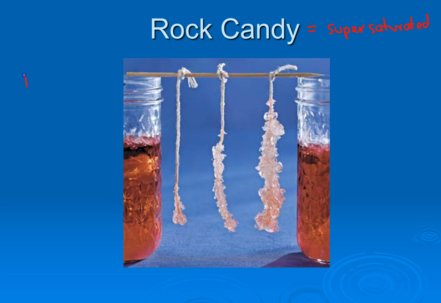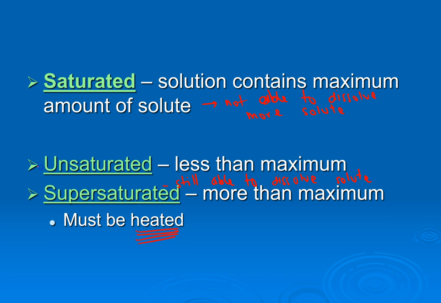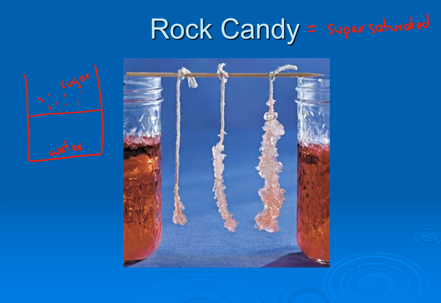So what's happening is you'll have a container of water, and you're going to add sugar in. Eventually, you're not going to be able to add more sugar in. Once you reach that point, to make it supersaturated, we're going to have to start heating it. So here's my heat source. As you start to heat your water, and you continue to stir, you can make your solvent hold more solute.